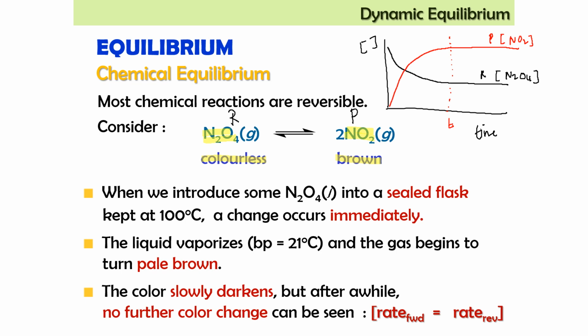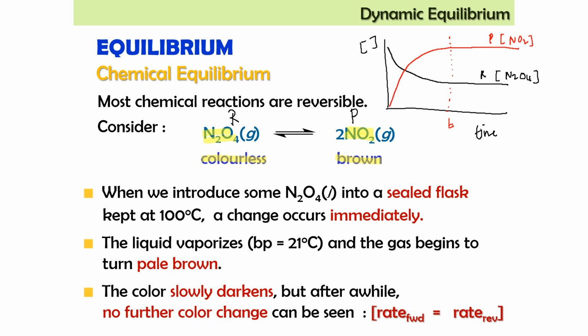So the explanation here: when we introduce N2O4 into the sealed flask and keep it at 100 degrees Celsius, a change occurs immediately. Okay, so from colourless, it will slowly turn into brown.